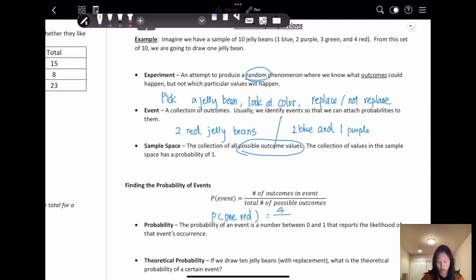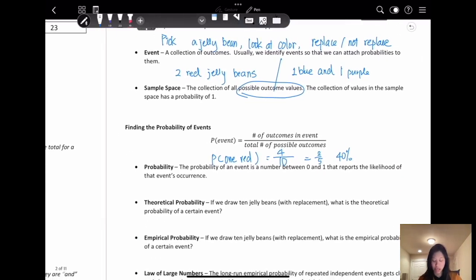Over the total number of possible outcomes: 1 blue, 2 purple, 3 green, and 4 red added together, which is 10 jelly beans. And then you also need to reduce it, so you have 2 out of 5, or you can write it as 40%. So this is called probability.